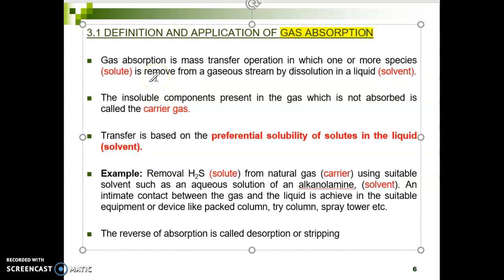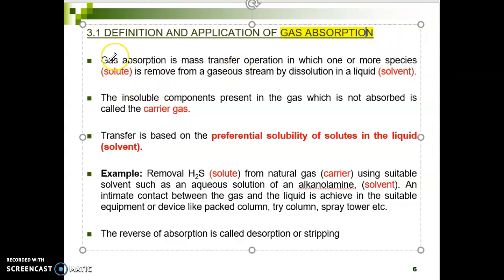Your gas is the mixture of your solute and other gases, where when we define the separation, your solute will be your A. So A and the other gas, for example your B, will be separated by your solvent. That means here you will have your A as your solute and then your C as your solvent.